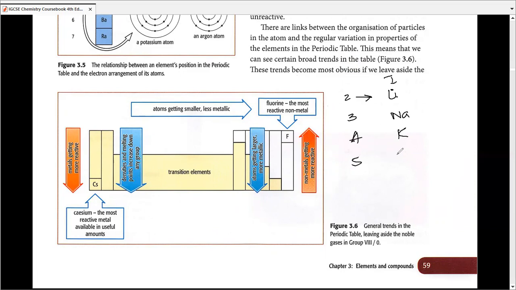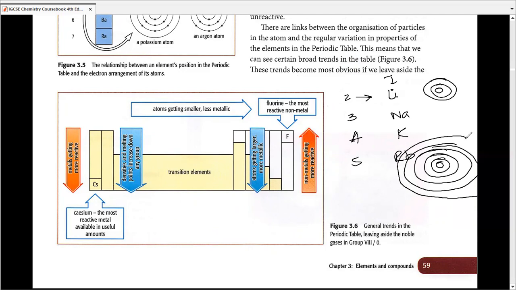Period 5, that is rubidium. So, if you go down the group, this one would have 2 shells, and this one is supposed to have 5 shells. So of course, the size of rubidium is bound to be bigger than the size of lithium because the atom is larger, having more shells and more electrons filled into it.